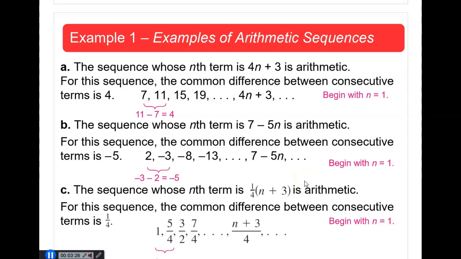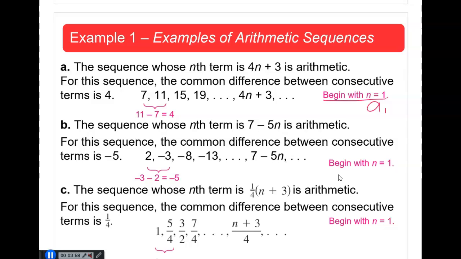So we have here example 1, and we have 3 different sequences. What we're going to do is go over how to find the difference. It says here, begin with when n equals 1. That, of course, will be your first term, a sub 1, and that first term happens to be 7.